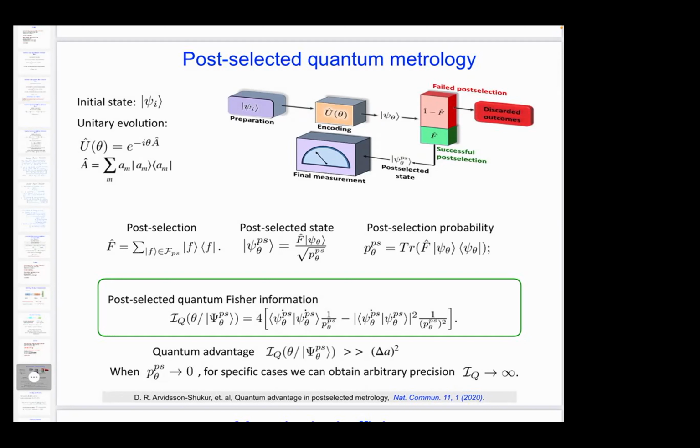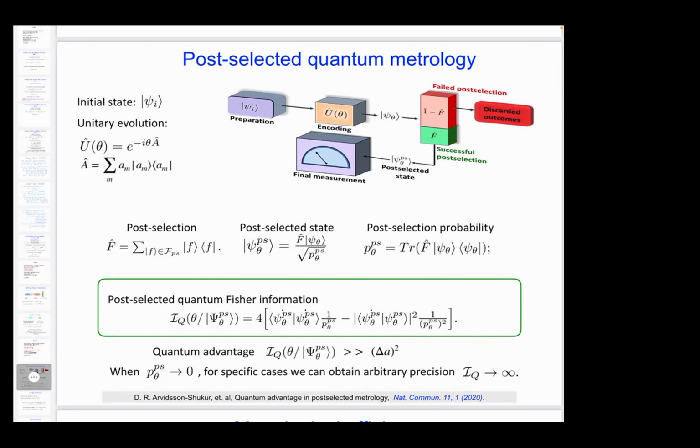I'm calling it quantum advantage when your IQ theta psi theta PS, the post-selected quantum Fisher information, can supersede that fundamental bound, this delta A square, right? This is somewhat the theoretical setup that was shown by the Shettell group, which got published in Nature Communications.